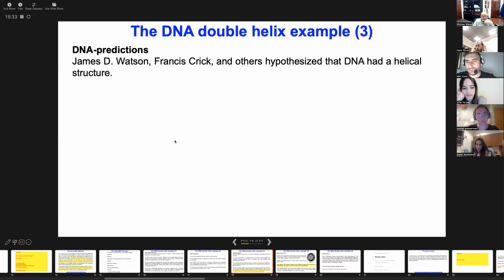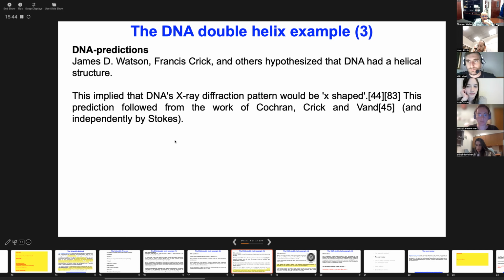All right, so Watson and Crick and others hypothesized that DNA had a helical structure rather than a triple helix. They basically hypothesized a double helix. This implied the DNA X-ray diffraction pattern would be in X shape. Basically, they have done some calculation. You know that Bragg diffraction relates to interference, diffraction from different planes of the crystal.